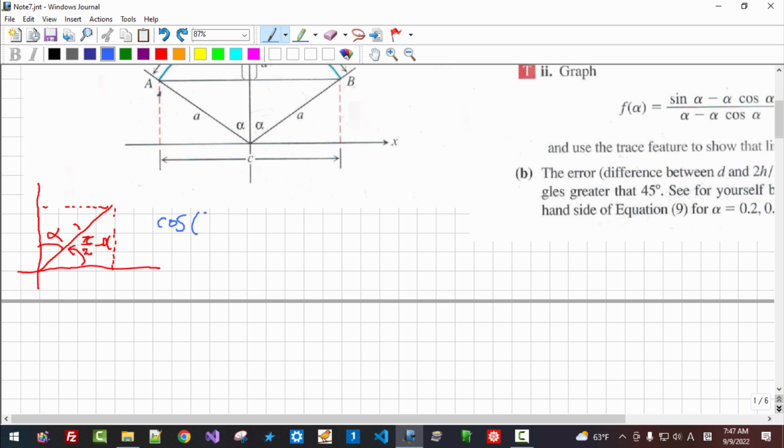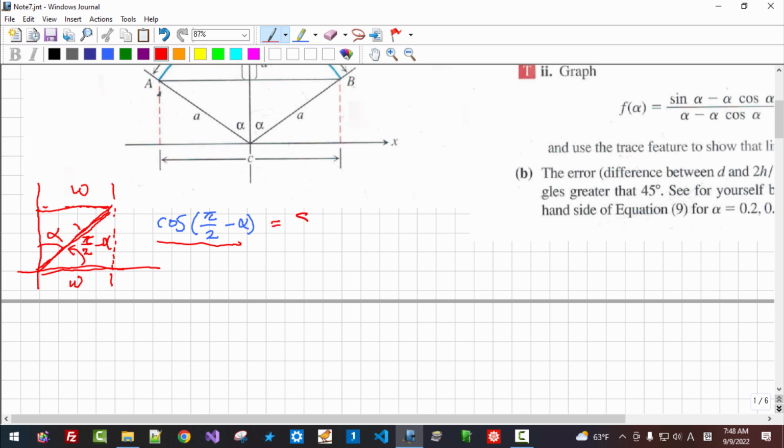Cosine of pi over 2 minus alpha is this length. But we can compute this length using sine alpha.